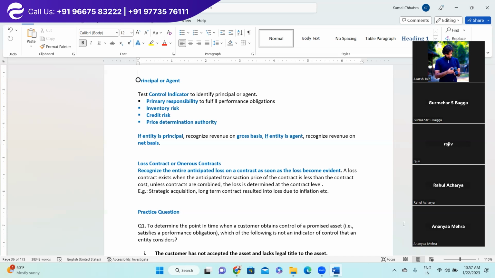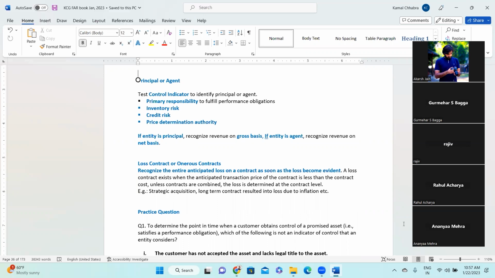Basically, the value will be recognized at the principal end, and the service charge or commission will be recognized by the agent. If a car has been sold, the commission will be recognized by the counter agent who is selling that car, only the commission part, not the entire value of the car.